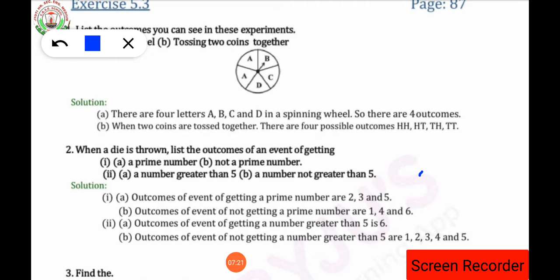These are the prime numbers which come in their own table as well as in the table of 1. None other comes, like 4 comes in the 2 table and 4 table together. 8 comes in the table of 2, 4 and 8. So this kind of numbers are said to be composite numbers, which come in the table more than 1, more than 2, isn't it?